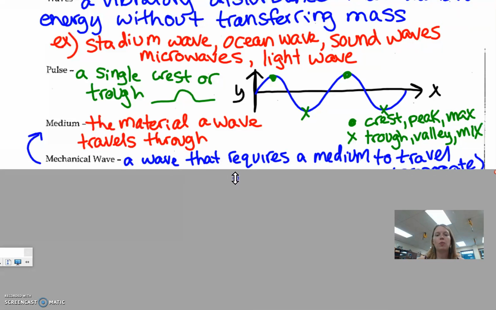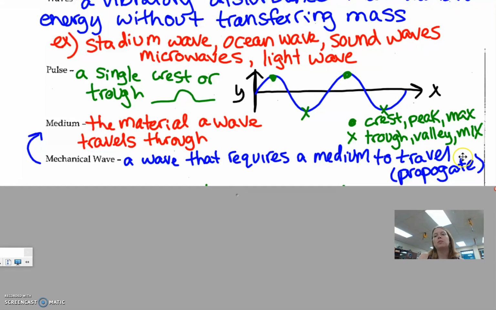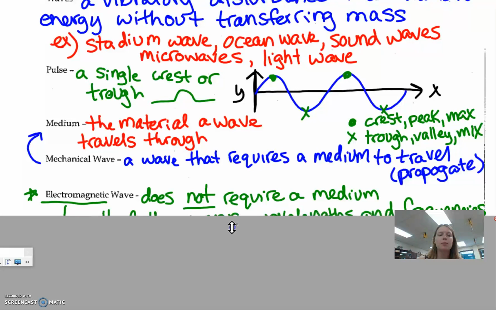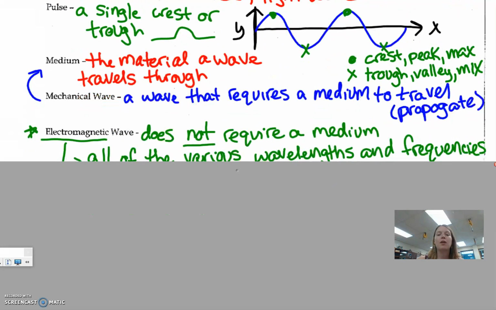A mechanical wave is a wave that requires a medium to travel. Another fancy word we're going to see for travel is propagate. So a mechanical wave requires a medium to travel, but then there are these other types of waves called electromagnetic waves that do not require a medium whatsoever.